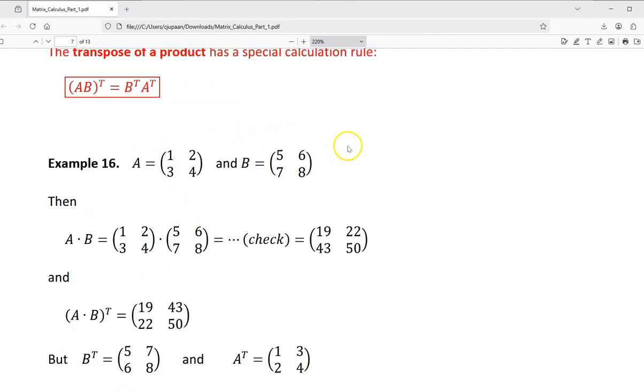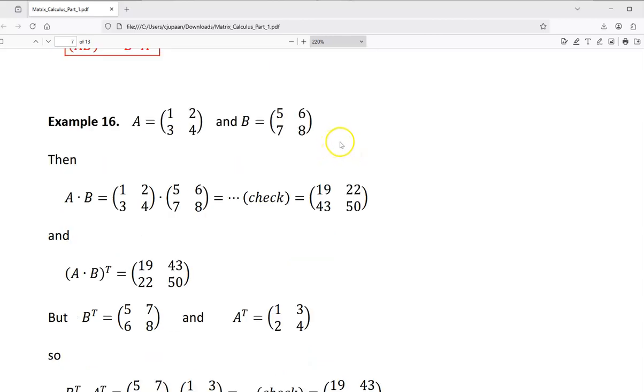And now here I have checked the calculation rule. I will also use the calculator to check that this holds. I have here A matrix 2 by 2 and also B matrix 2 by 2.